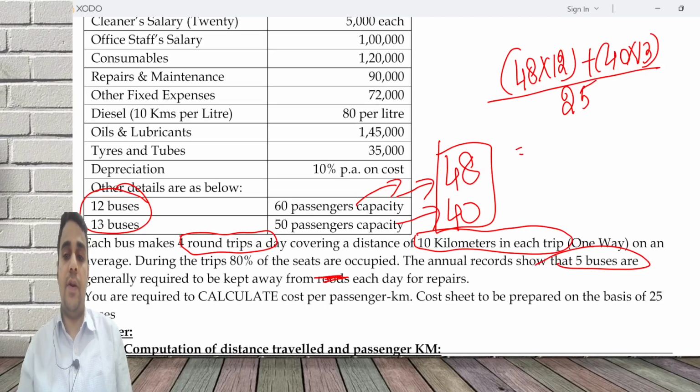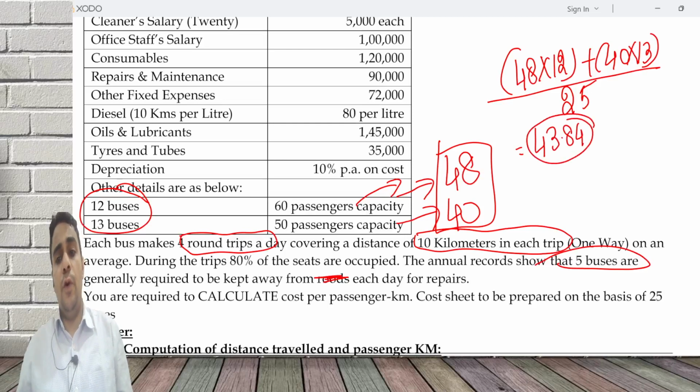Can you tell me this number? 48 into 12, 40 into 13, whole divided by 25. What is the average you get? 43.84.